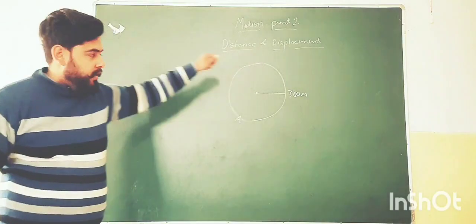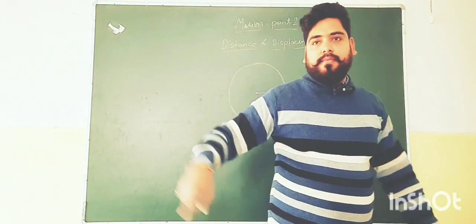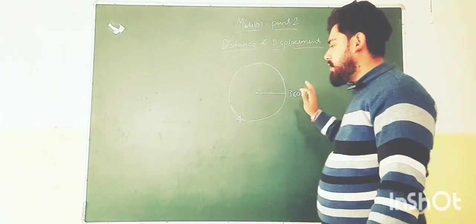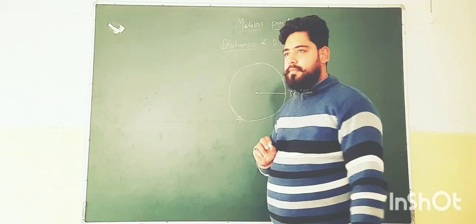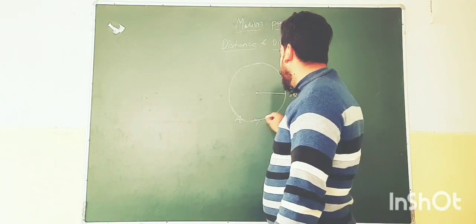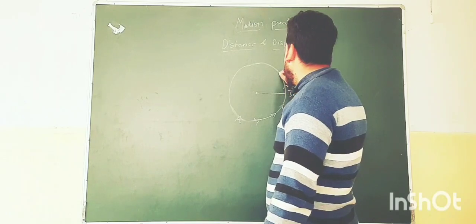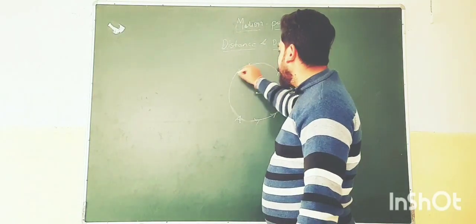Total of the full ground path, whatever the full circumference is, that is 360 meter. If the object starts moving from here and completes it twice, means moves 2 times.